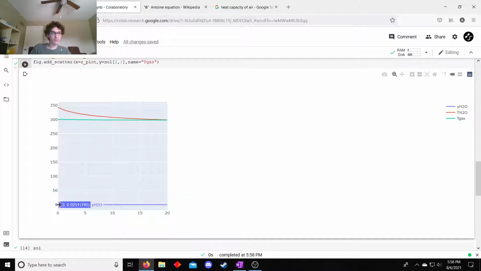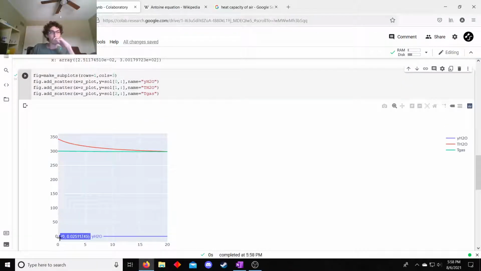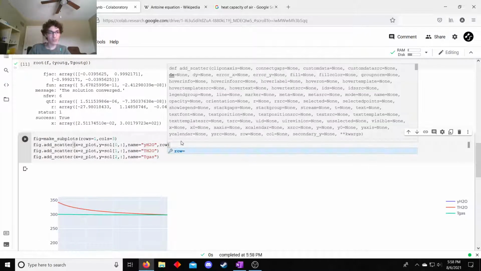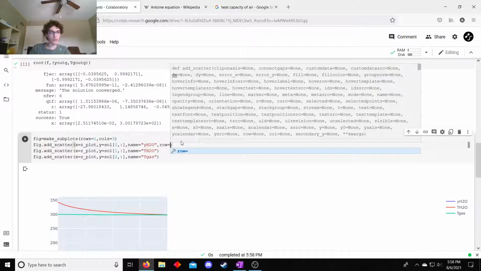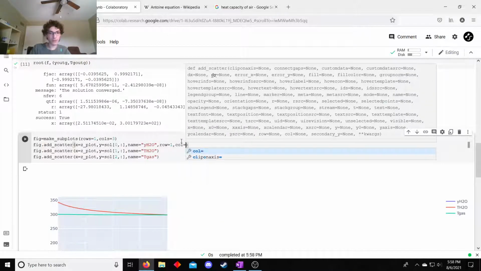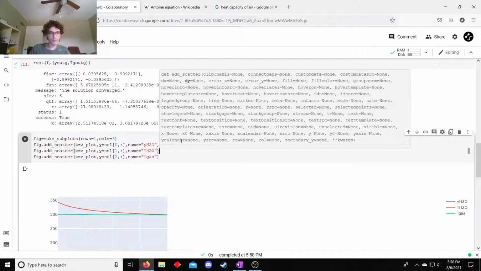Although this is one useless graph. Mole fractions are between 0 and 1, but these temperatures are at 300, 350 Kelvin. So of course, that's useless. So what I'll do is I'll say row equals 1, column equals 1.